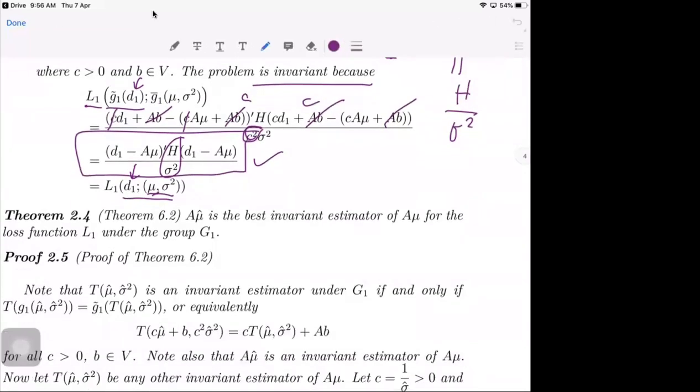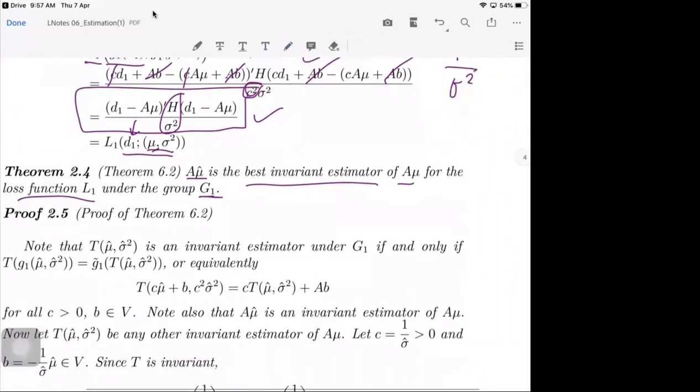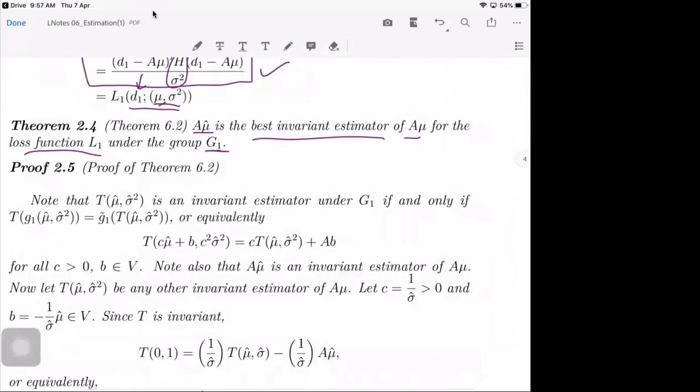So we say that A mu hat is the best invariant estimator of A mu for the given loss function under the group of transformation G1. So to see that, T of X, T of mu, T of D, or T of X, no, sa atong notation. Or this is your parameter mu hat and sigma square.